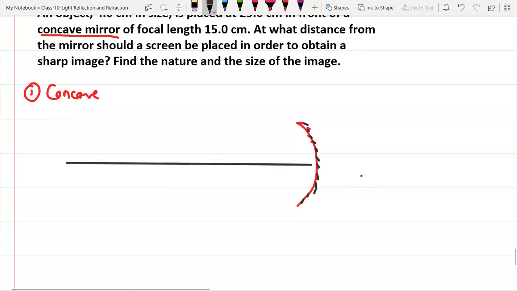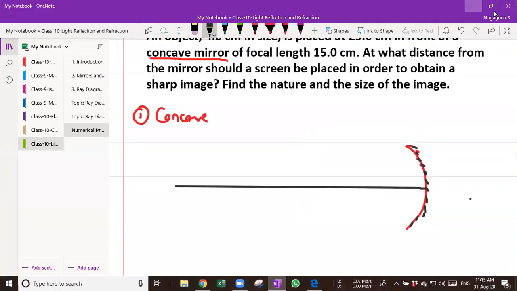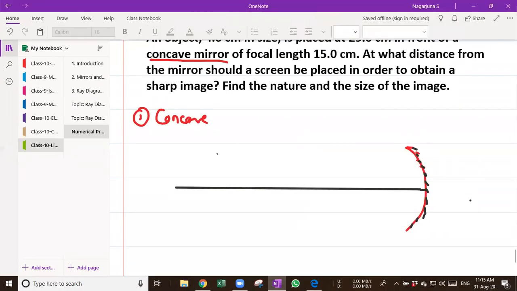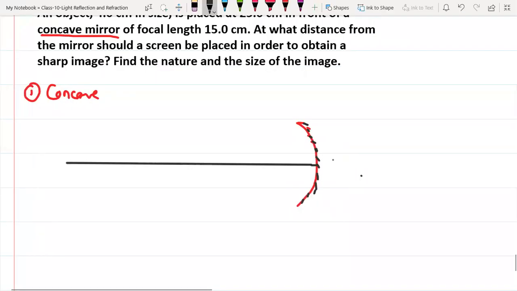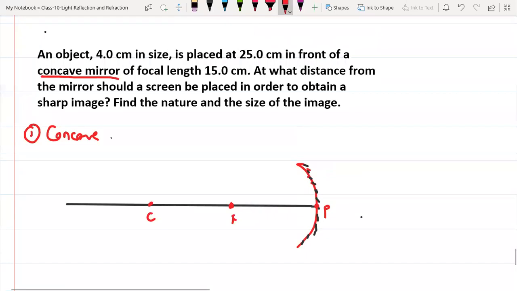After taking the principal axis, I told there should be a point called P. This is the point F. This is the point C. First point, I told, we have to check whether this one is concave or convex.